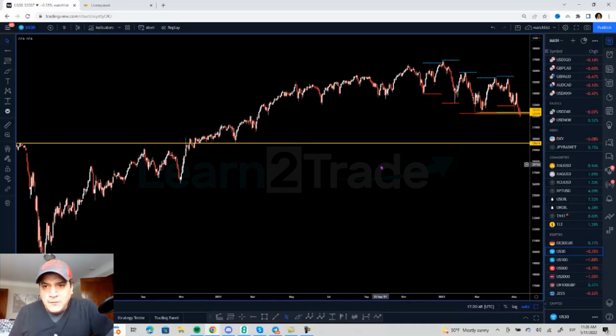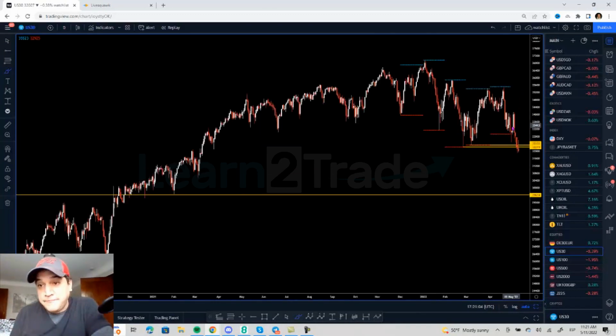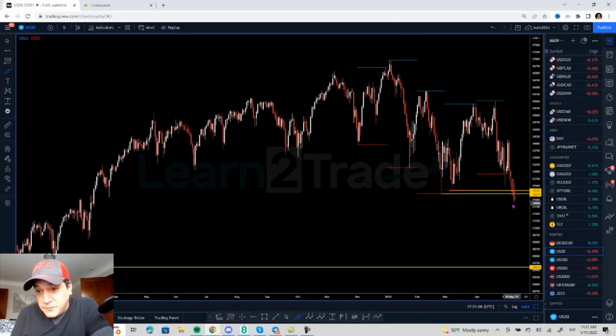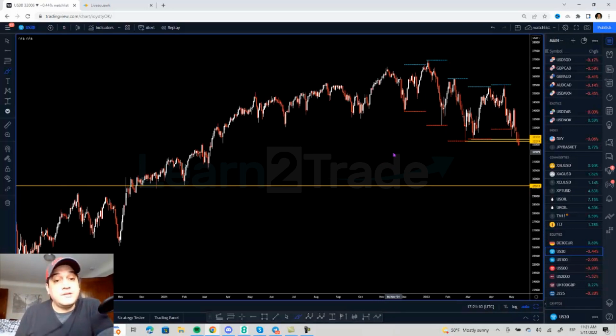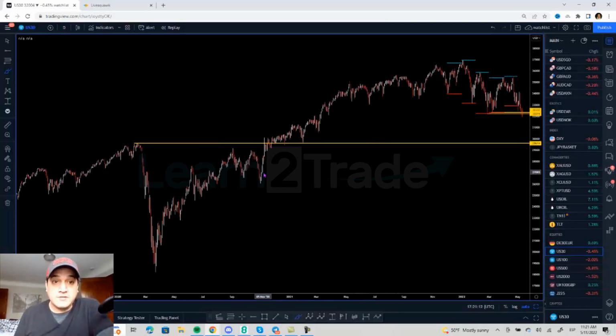Right now, just have a look at how that daily candle is printing at the moment. Should today close, or should price break yesterday's lows, right? That would be a major red flag, a bearish trigger for me.